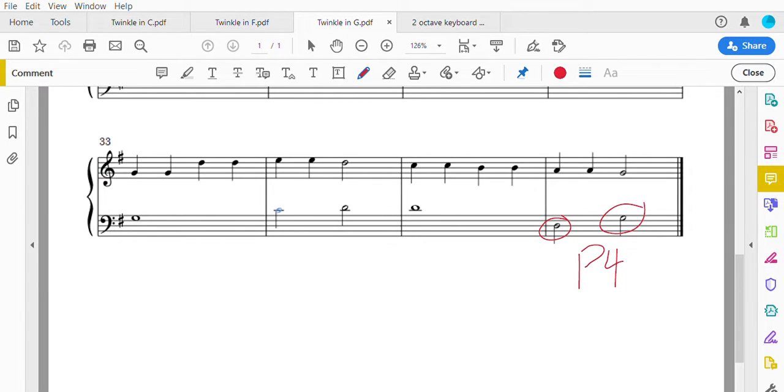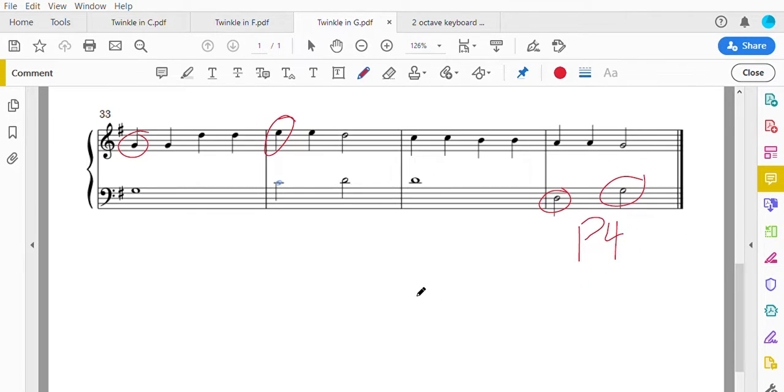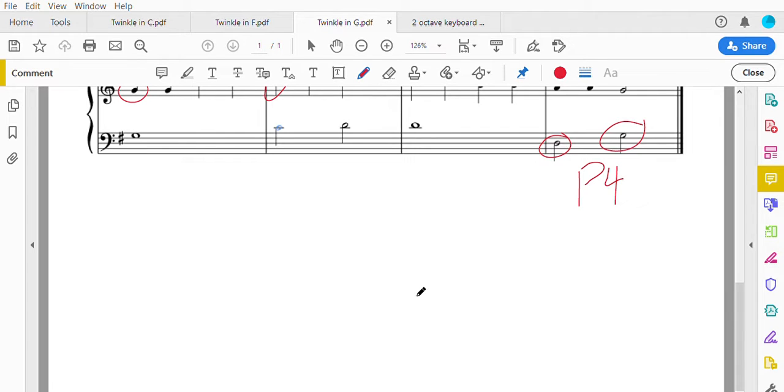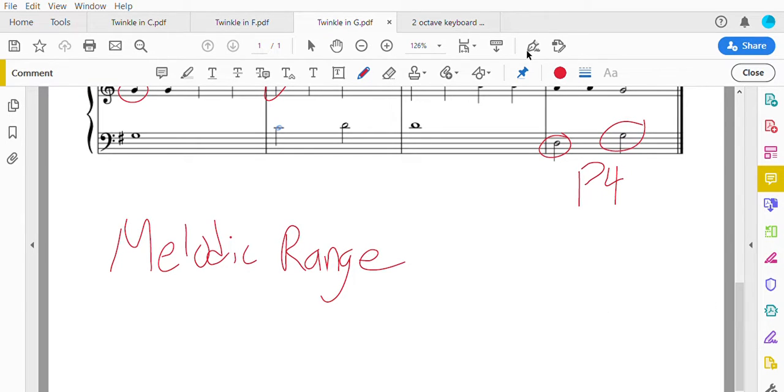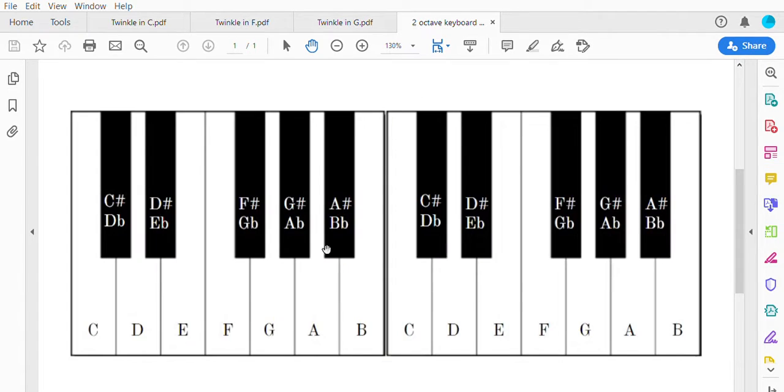And the last thing to look at is the distance from our lowest note in the melody, this G, to our highest note in the melody, that E. Once again, we call this the melodic range. Melodic range is the distance from the lowest note to the highest note in a melody.